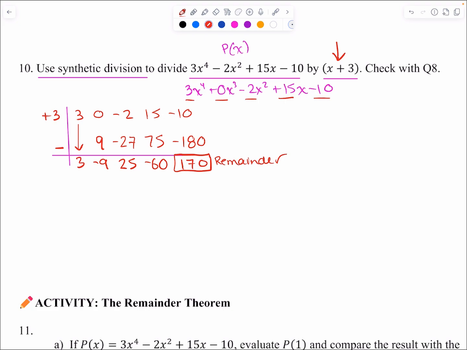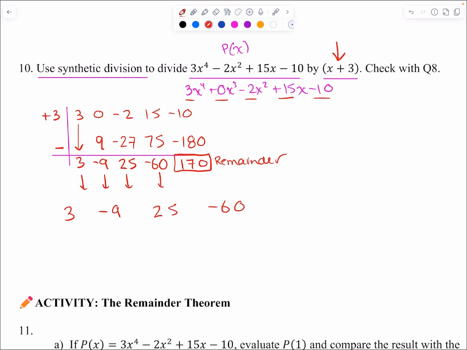Now, this looks oddly similar, I think, to the last one. So what does this all mean? What do these numbers mean? Well, these coefficients here are valuable. So I'm going to write them out again. So that's going to be 3, -9, 25, and -60.